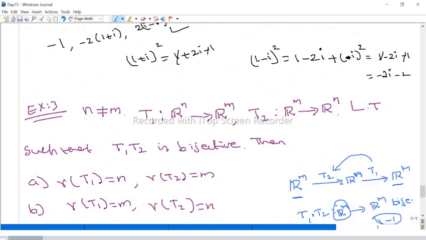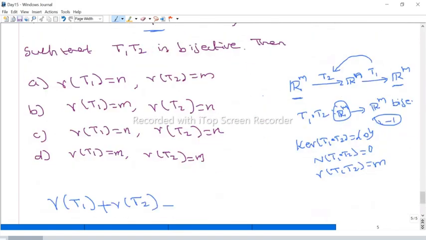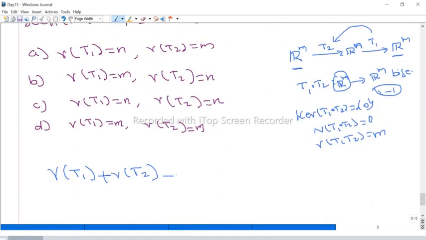We can see these as matrices. T1 is m cross n, and T2 is n cross m. Therefore the product is m cross m, and the common dimension is n. So n is less than or equal to the rank of the product T1 T2, which is less than or equal to the minimum of rank of T1 and rank of T2. We know this anyway.